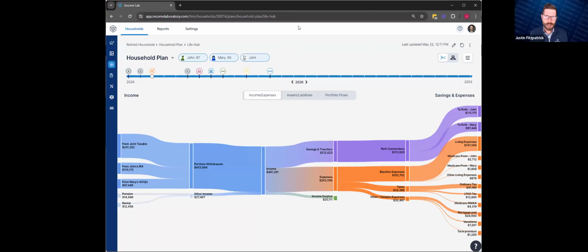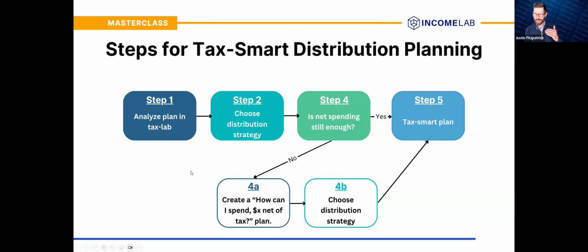However, if it's not enough, and if doing Roth conversions is going to lead to really high taxes, which will reduce their net income too much, the net spending available if you're doing Roth conversions is not enough, we go down and we create a plan that targets a particular net of tax spending level.